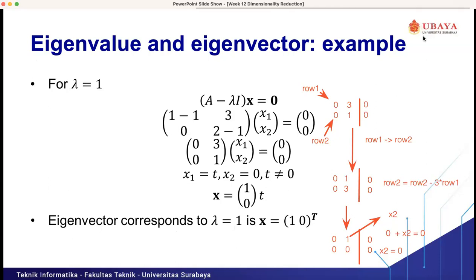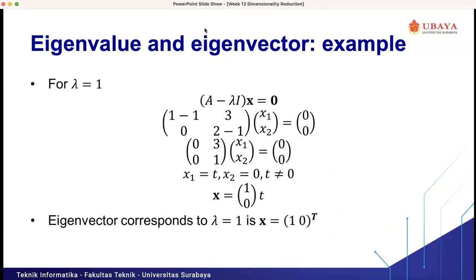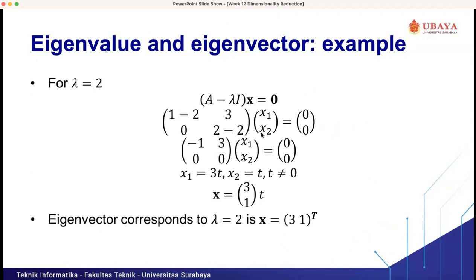And for lambda equal 2, we can just change the lambda into 2: 1 minus 2, 2 minus 2, 3 and 0. Then we have minus 3, 3, 0, 0. Then the solution for this linear problem is x1 equal 3t, and x2 equal t.